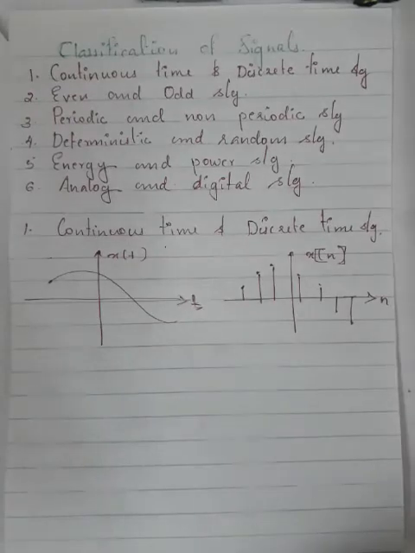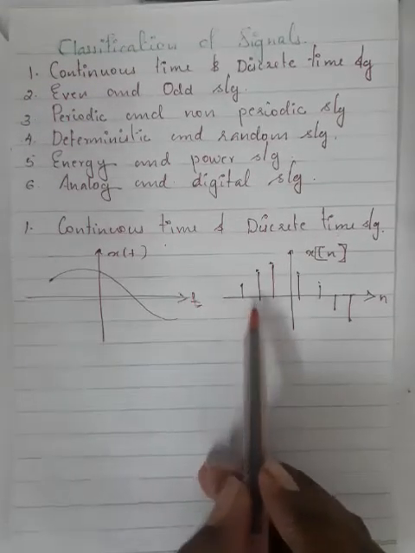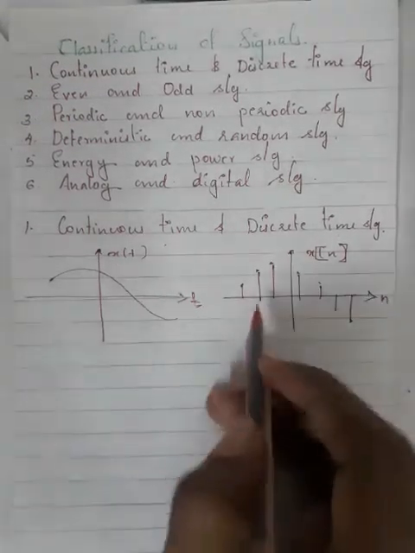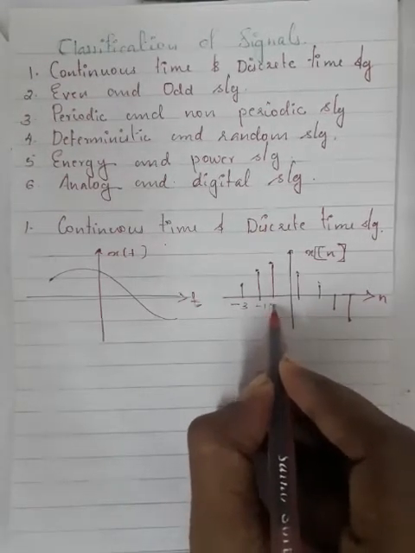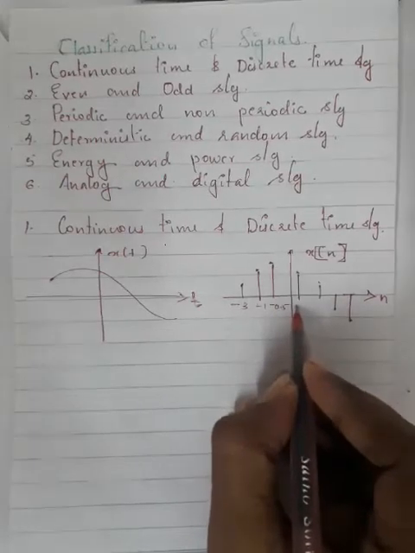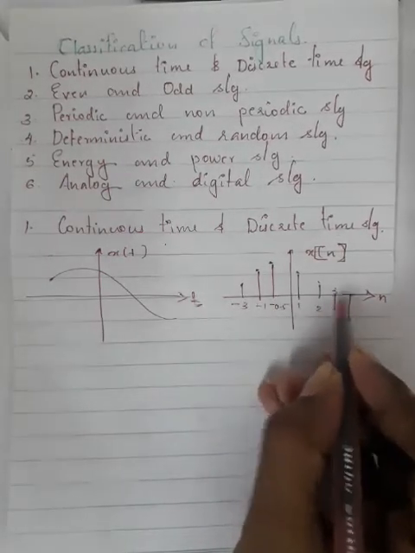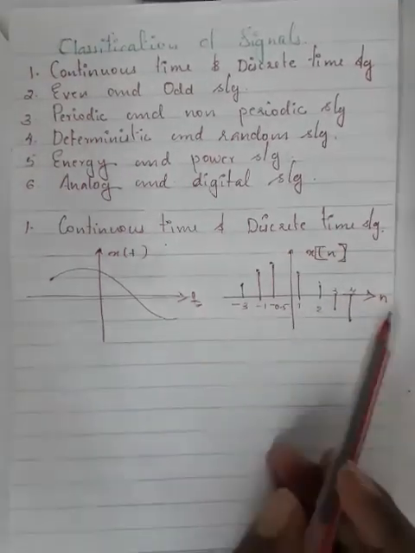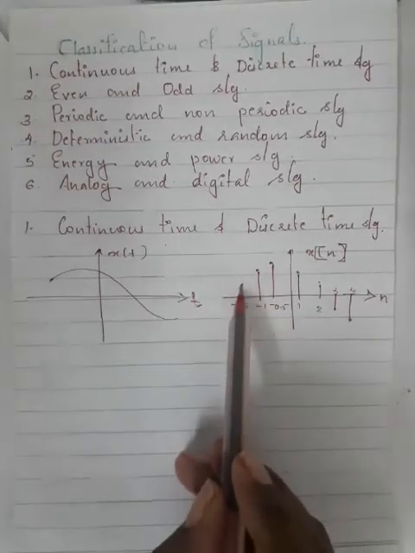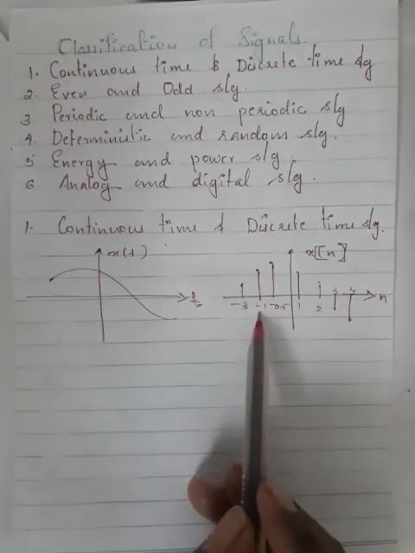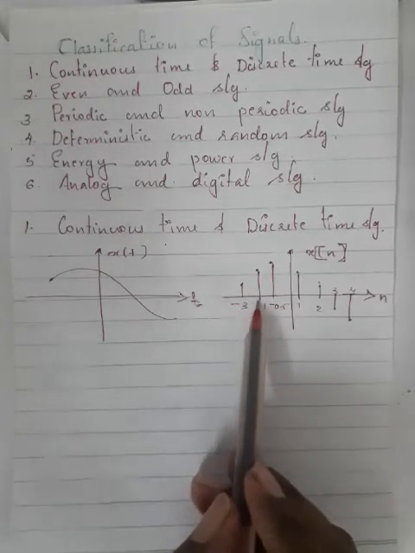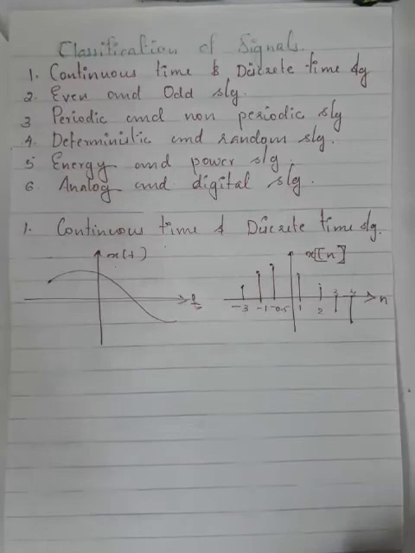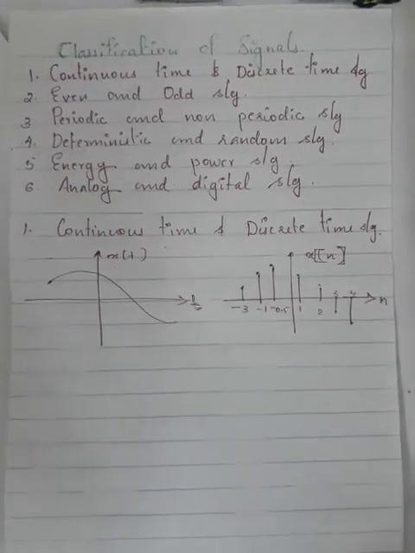It is available only at certain points, for example minus 3, minus 1, minus 0.5, and 1, 2, 3, 4, etc. For n equal to minus 3, the function is available, and for n equal to minus 1, the function is available. Between these two values, the function's value is not available.